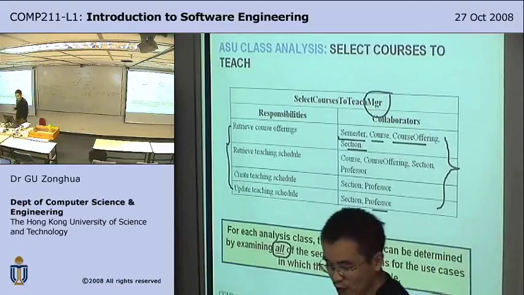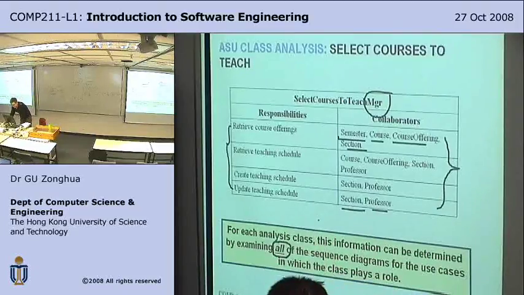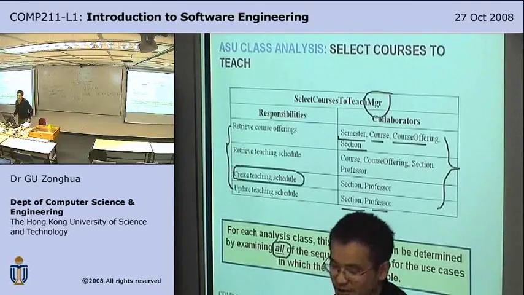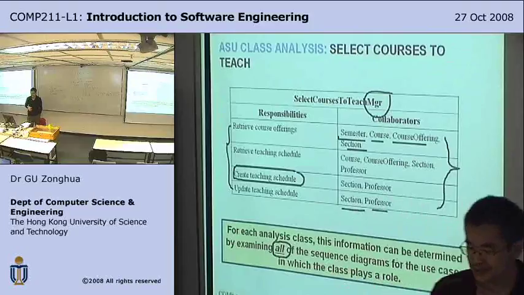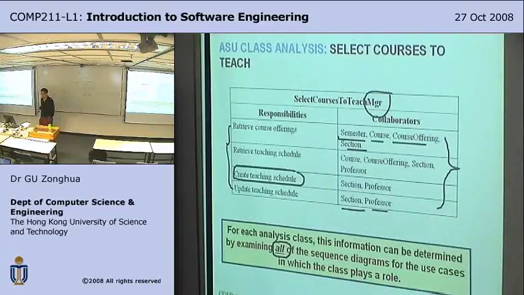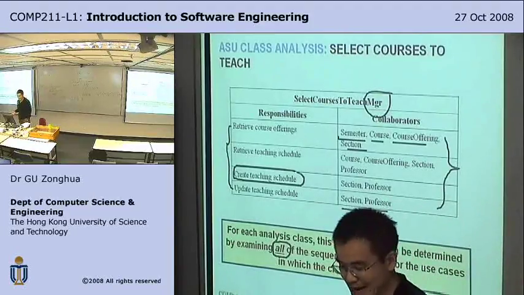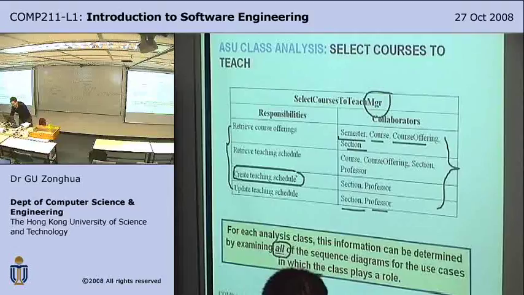You must examine all of them. For example, the create teaching schedule responsibility is identified from the sequence diagram create a teaching schedule, and update teaching schedule is perhaps identified from another sequence diagram. So you must examine all of the sequence diagrams in which this particular class plays a role.